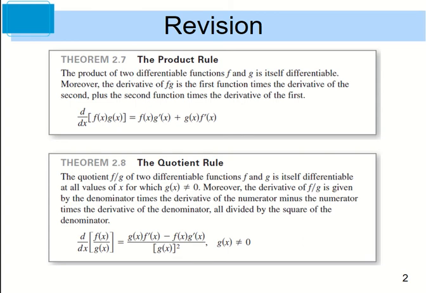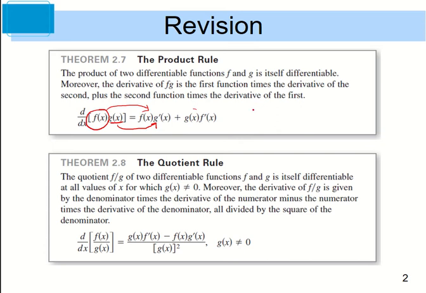First, we copy the first function and we differentiate the second function, the g prime, plus we copy the second function and we differentiate the first function. So this is the method we use to differentiate the multiplication of two functions.